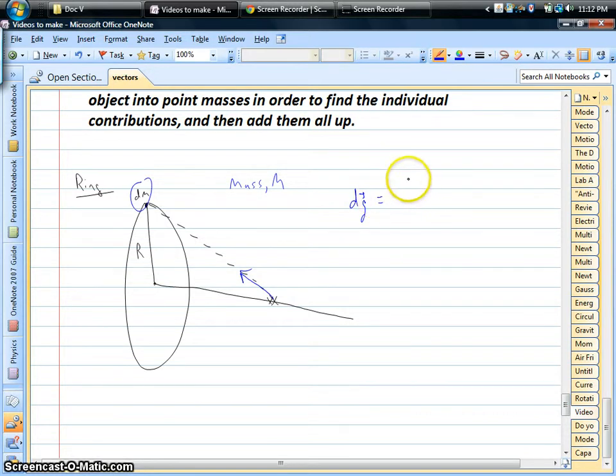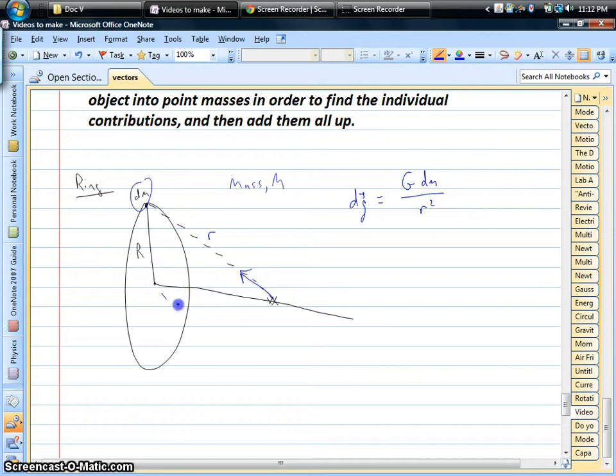And this is going to be, just in terms of magnitude, I'm not going to worry about minus signs or anything, big G times the mass of the little chunk, over r squared, where little r is the distance from the point on the ring to the point on the axis.